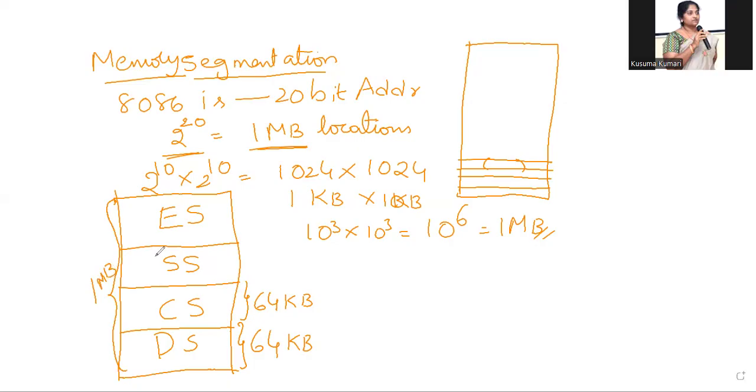Because the segment size is 64 kilobytes, the memory location in this segment is identified by 16 address lines, because 2 power 16 is 64 kilobytes.